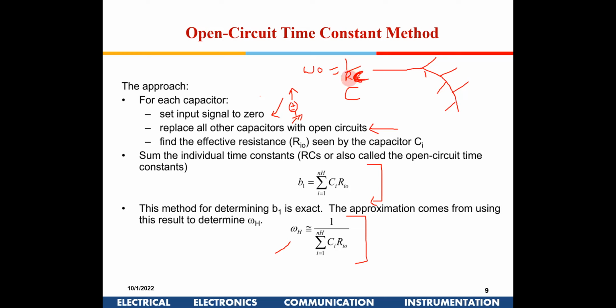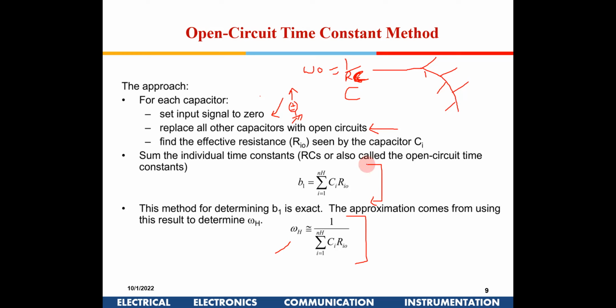For that what we do is we remove all other capacitors, we put open circuits. And then at that capacitor which is of interest to us, we put a voltage source there and see what are the resistances which that voltage source is seeing. From there we compute the equivalent resistance.